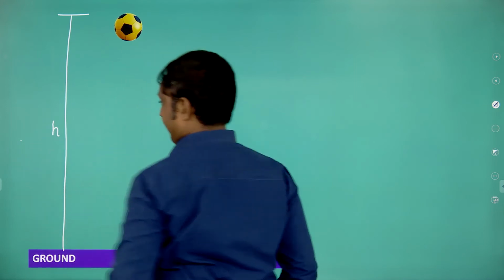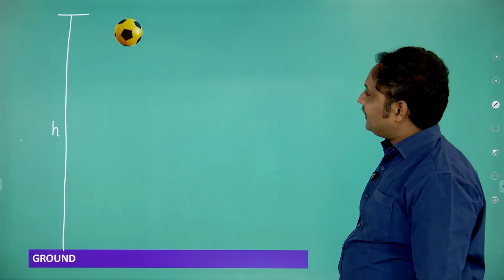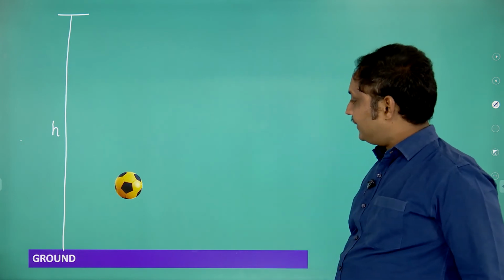Let's see, it is going to have that vertical displacement, or height covered by the body, which is allowed to fall down from a particular height. It's very clear.